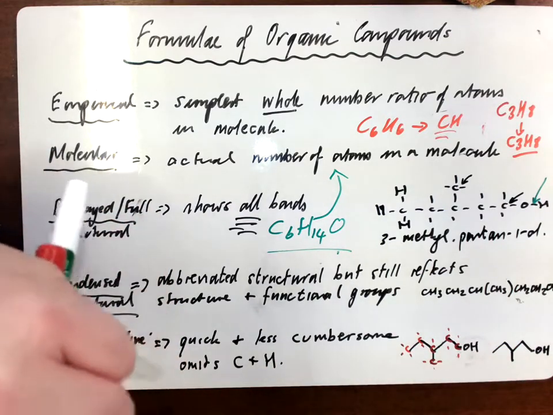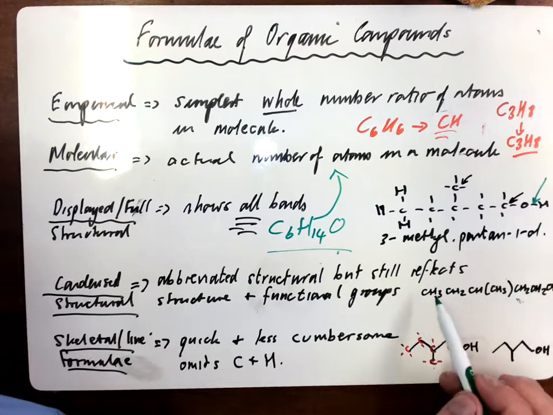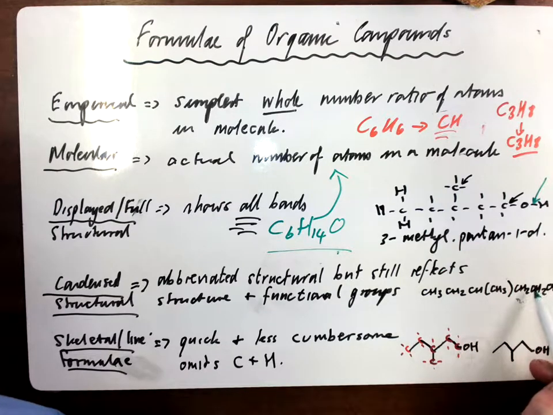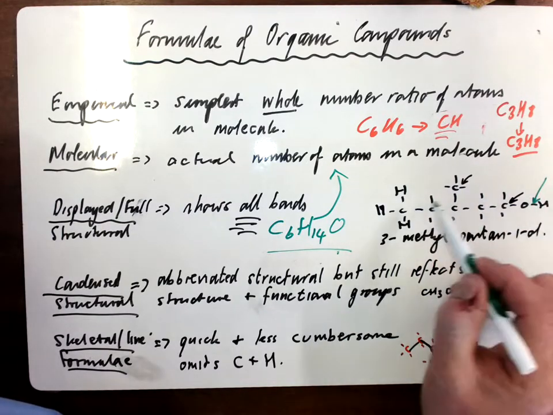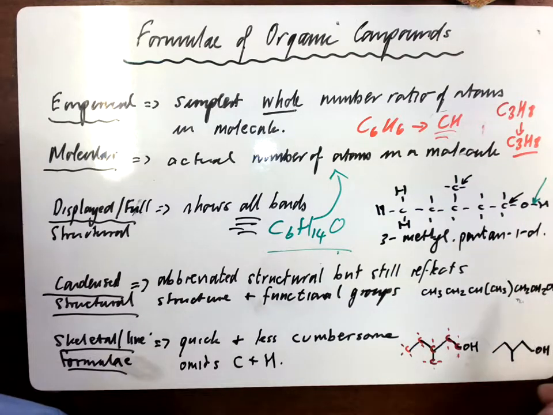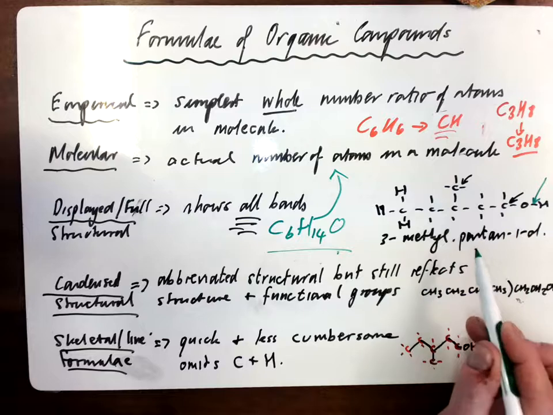A condensed structural formula gives me some information so that I could turn it into a full displayed formula, or if I was a really good student, I could work out from the condensed structural formula that it was indeed 3-methylpentan-1-ol.